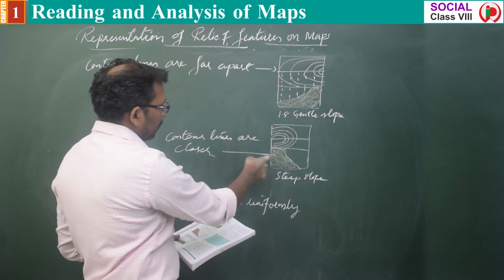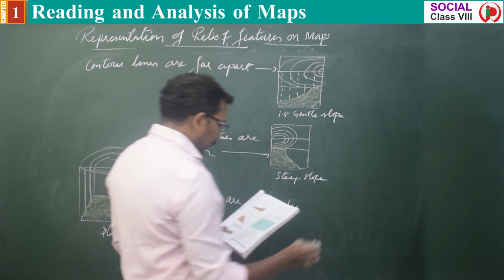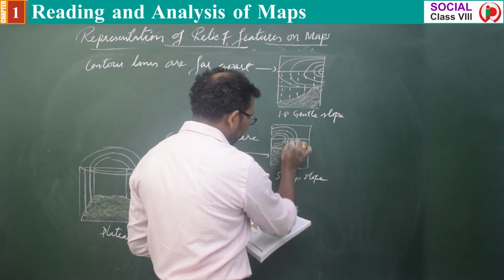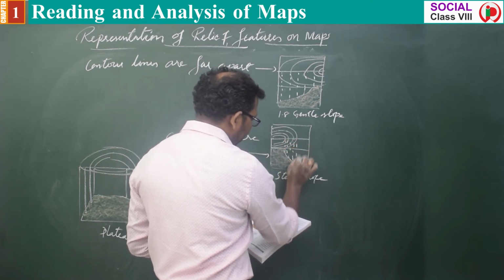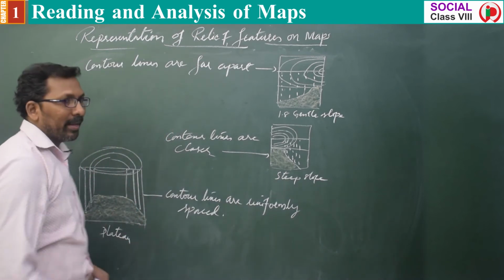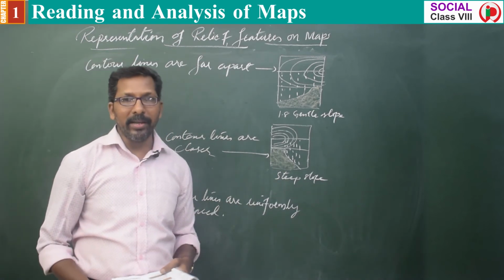In the steep slope, the contour lines are very close to each other. And in the third one, they are placed uniformly.